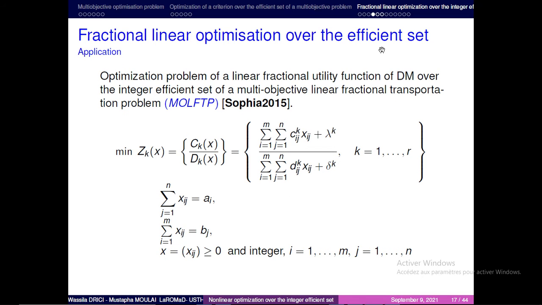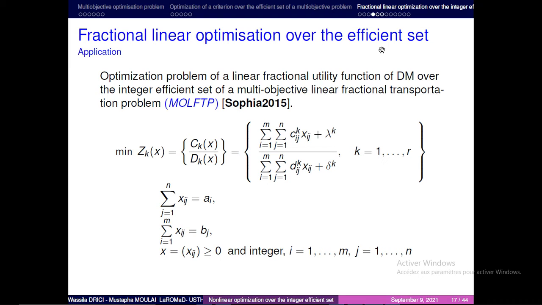As an application of our method, we can consider an optimization problem of a linear fractional utility function of the decision maker over the integer efficient set of a multi-objective linear fractional transportation problem, MOLFTP, introduced by Sophia et al.